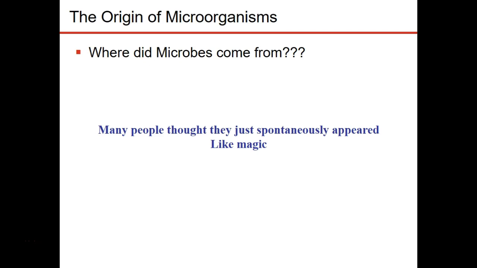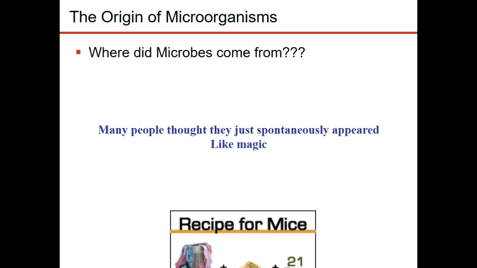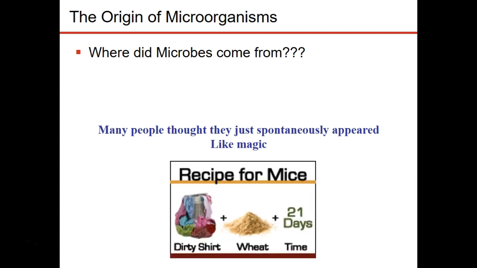There were no spores or anything in the food that germinated. It was just spontaneous. And so when I say that most people believed this, this was a theory, the theory of spontaneous generation.